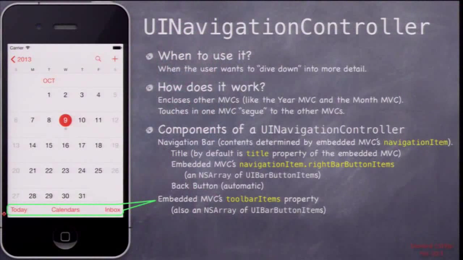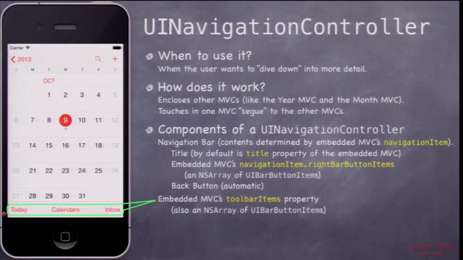Now down at the bottom, you see there's a little light gray bar there. That's not always there. That wasn't there on the calendar event view, MVC, by the way. This is just a bunch of UI bar button items that, again, the navigation controller only displays if the embedded MVC's view says that it wants them. Okay? And there's another property for that called toolbar items.